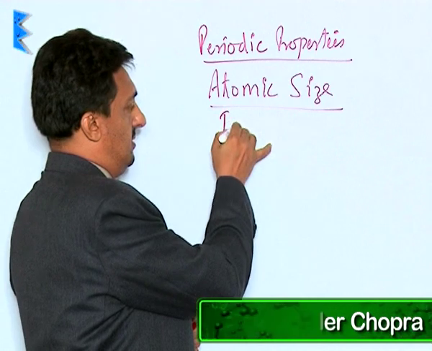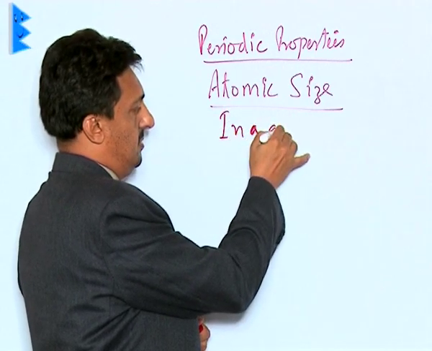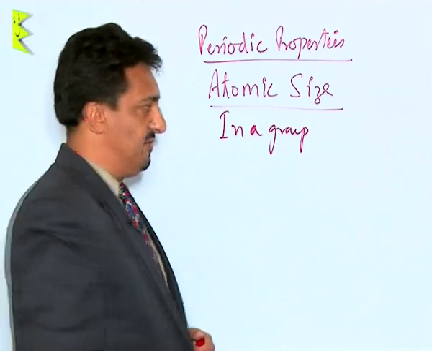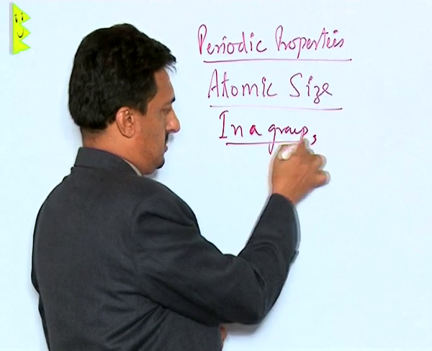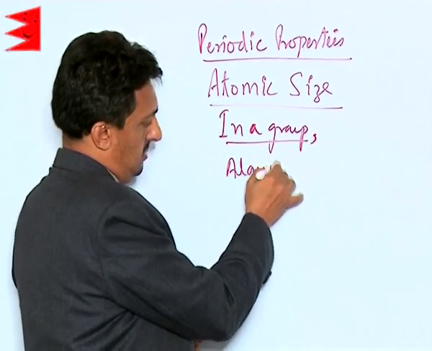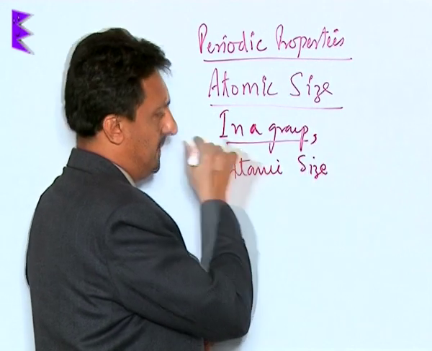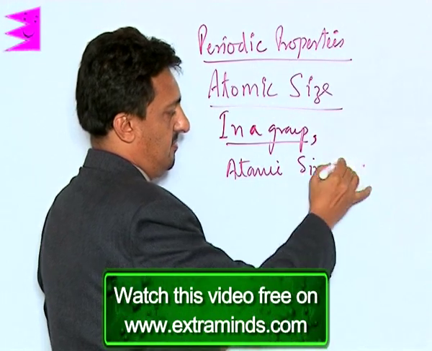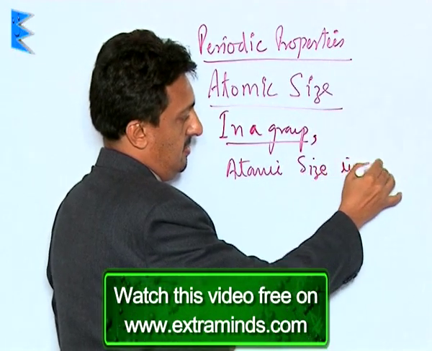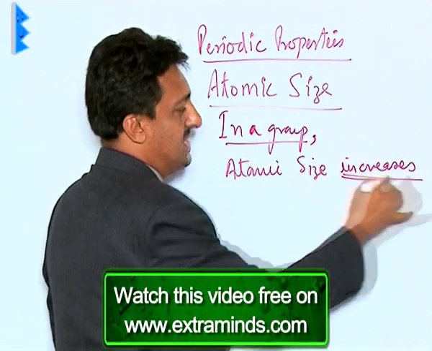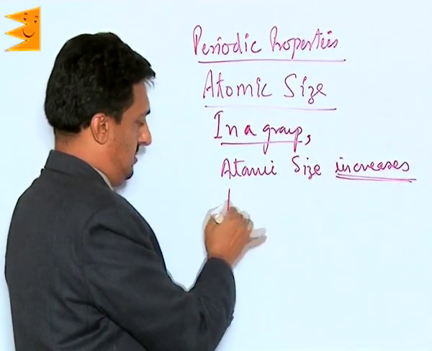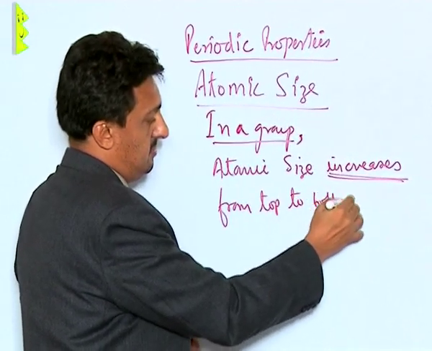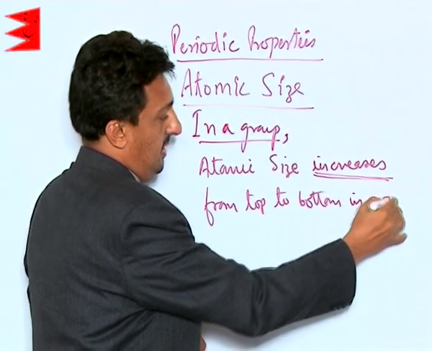In a group, that means in the vertical columns from top to bottom, atomic size decreases, it's not decreases, atomic size increases from top to bottom in a group.